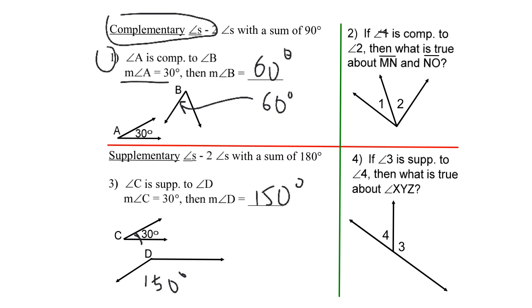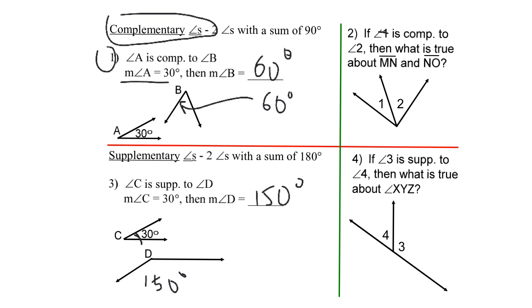The second definition, linear pair, is a pair of adjacent angles with non-common sides that are opposite rays. Linear pair angles are supplementary, which means they add up to 180 degrees because they form a straight line.